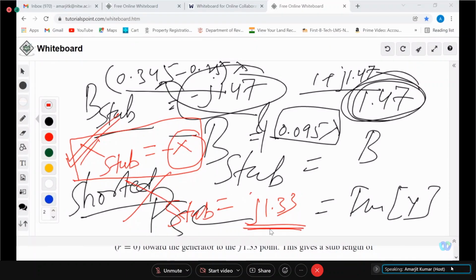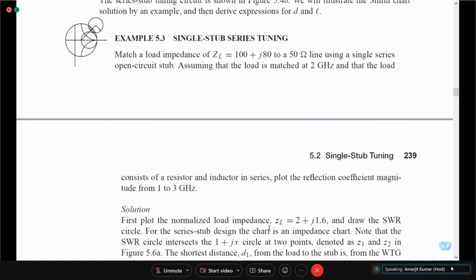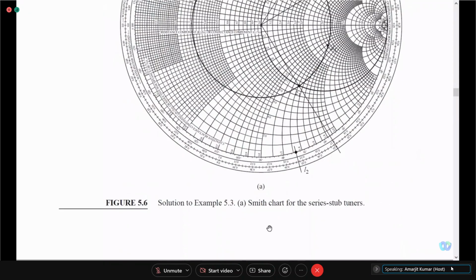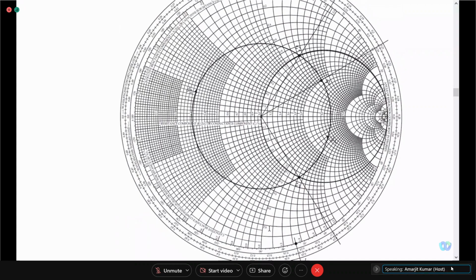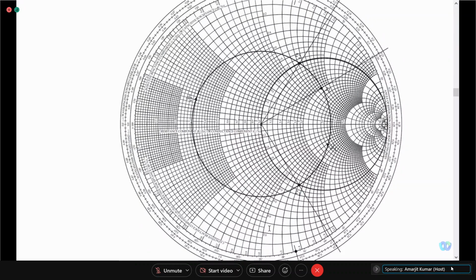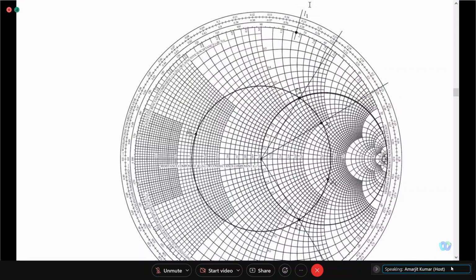And here in the question, open circuited stub is given. In this case, open circuited. So where is 1.33 here? It is written here. See, you can see L1 is written because we are doing B1 and L1, 1.3.